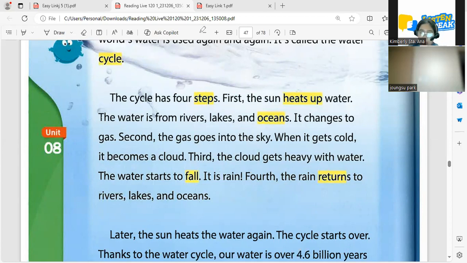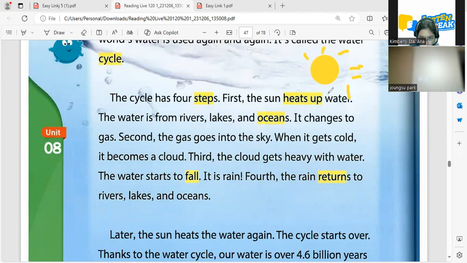So what's the first step? The sun heats up the water. Look, Jimin, okay? So I'll draw the sun here. This is the sun. So the sun heats up the water.